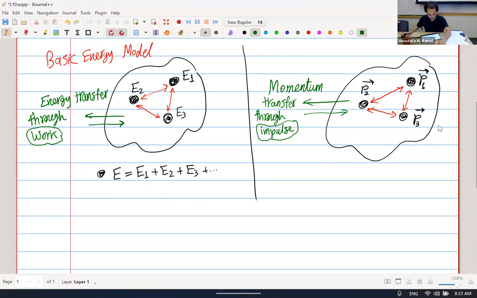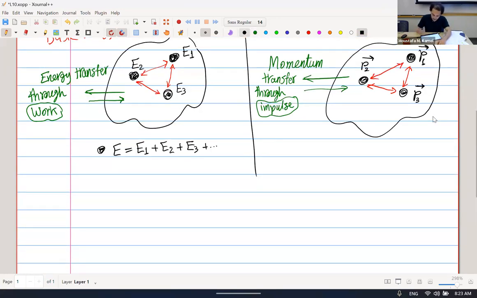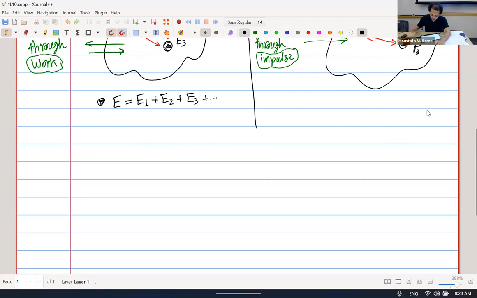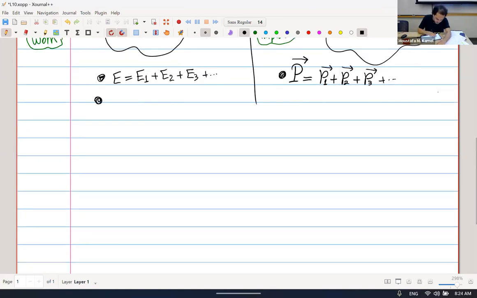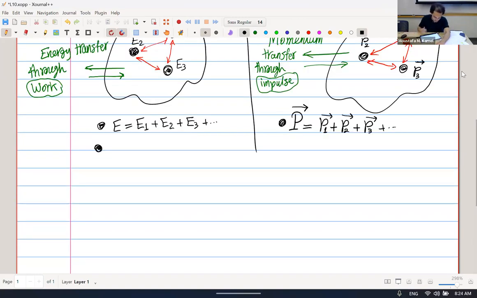The basic relations were, first, the total momentum, also denoted by capital P, is the sum of all momenta of individual particles, just as the energy was the sum of all energies of individual particles. We had a definition of work as force times displacement.